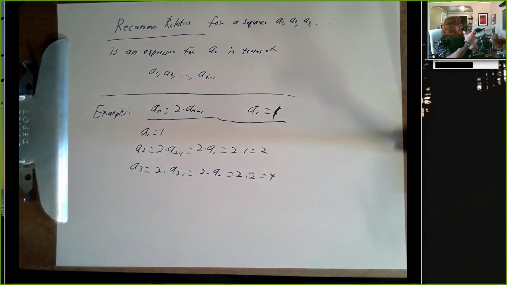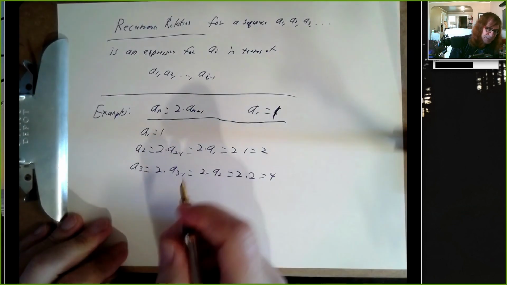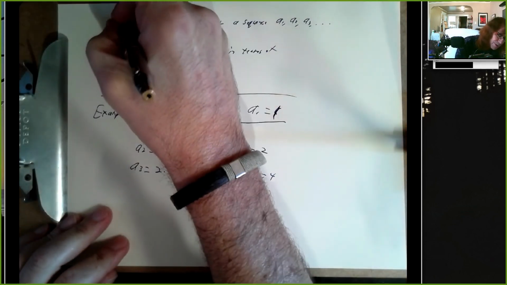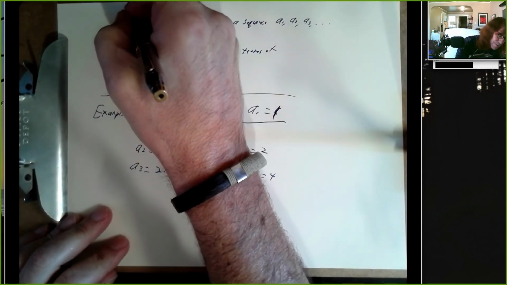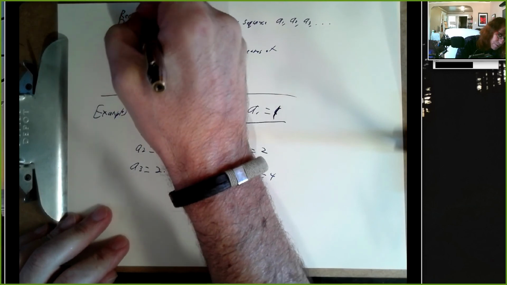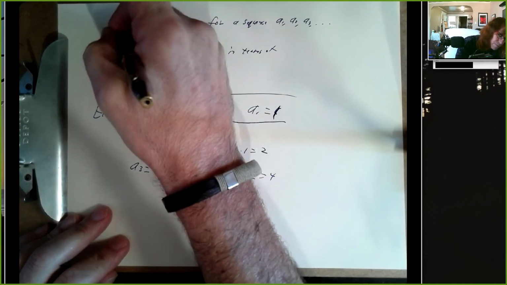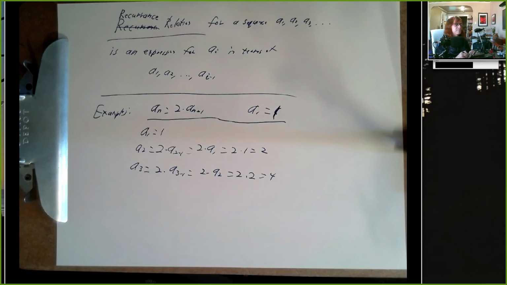And I can bootstrap up my entire sequence from this relationship and this initial condition. This is recurrence, as in recurring frequently.